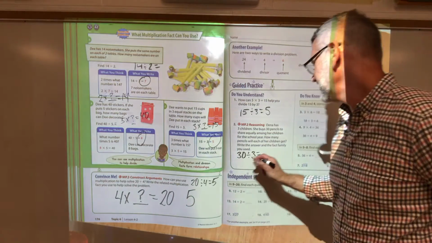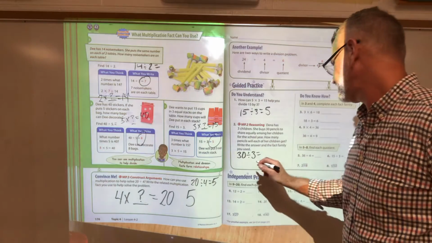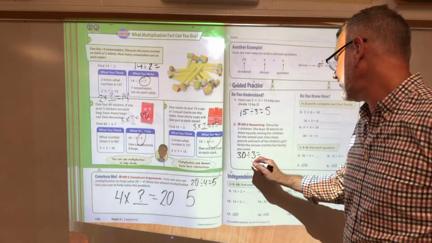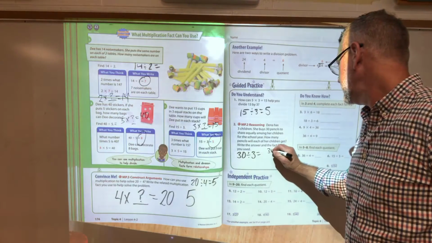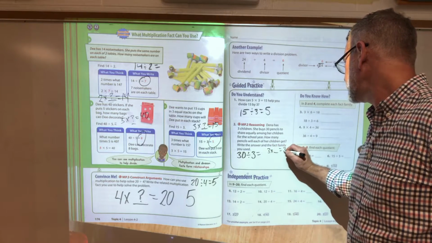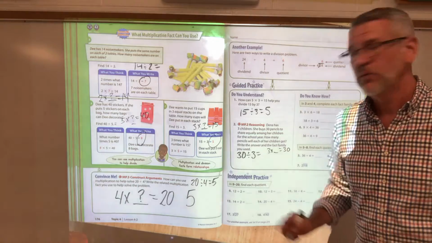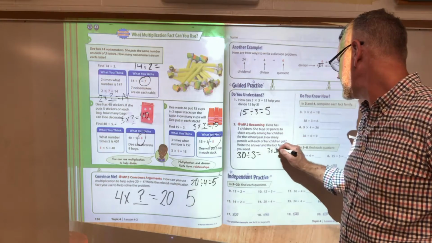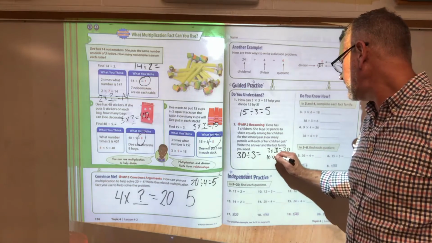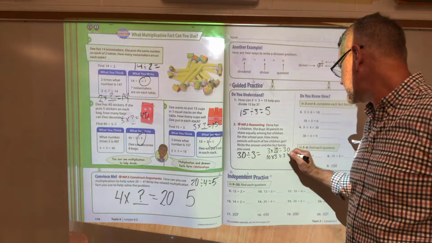Okay, so to get this fact family, we got 30 divided by 3 equals what? Well, let's think about 3 times what equals 30. Well, it ends with a 0, and the 3 is here, so it's got to be our good friend 10. So now we know all the members of this family, and we can fill this in.